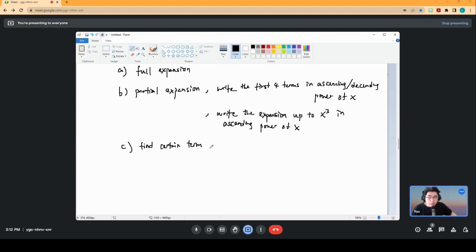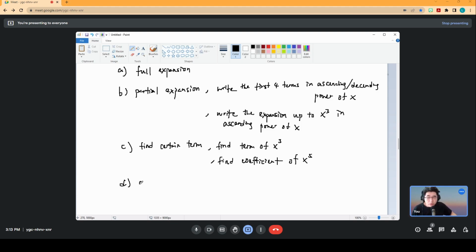Then C, maybe the question asks for finding a certain term. The question may sound like this: find the term of x cubed, or find the coefficient of x^5. So this is actually a certain term.